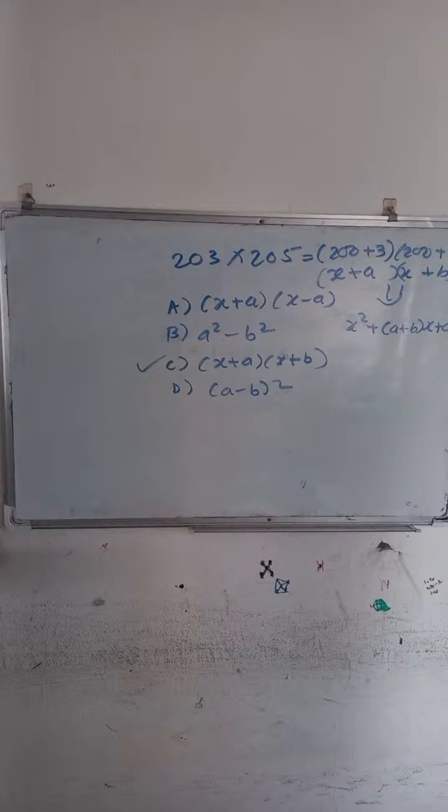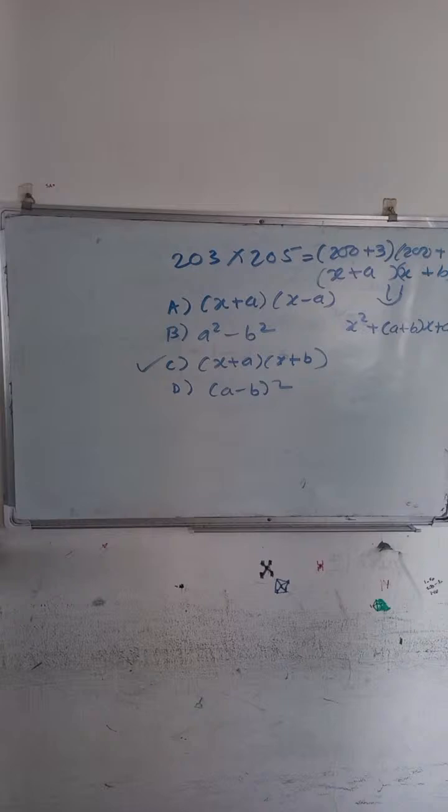If triangle ABC is congruent to triangle XYZ, then which of the following is incorrect?